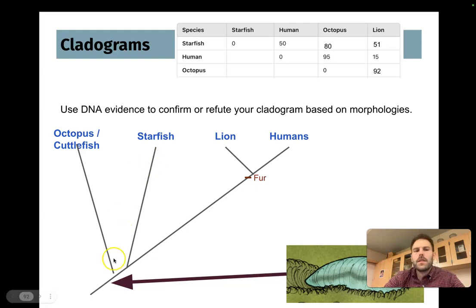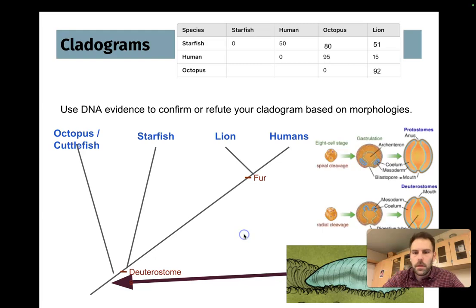But wait. What's the thing that makes starfish more related to humans? It turns out that when you do a little bit more digging, they're deuterostomes, where octopus and cuttlefish are what we call protostomes. You don't need to know this for this class, but what that means is that during the early stages of development, here's a zygote, and then that cell starts doing mitosis.